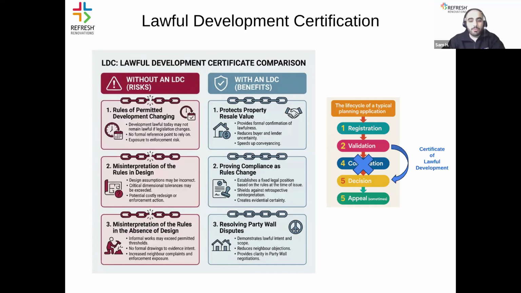Last but not least, when dealing with difficult neighbours who aren't happy with the completely lawful works that you intend to carry out, and that work, for example, requires a party wall agreement, this certificate could help clear ambiguity and mitigate any hindrance that would impact the project, whether it has to do with timeline or the cost.